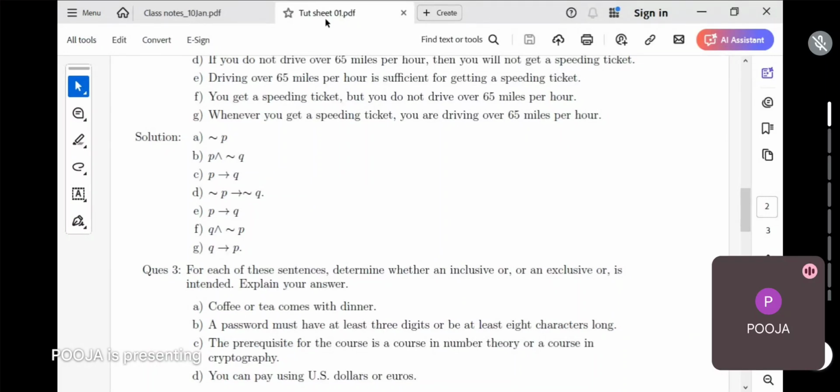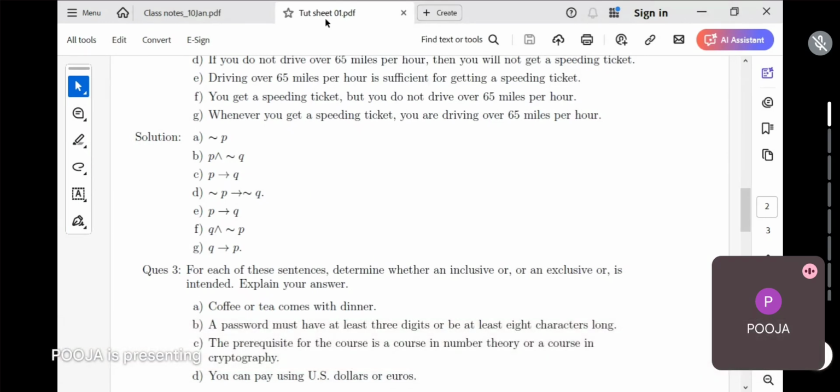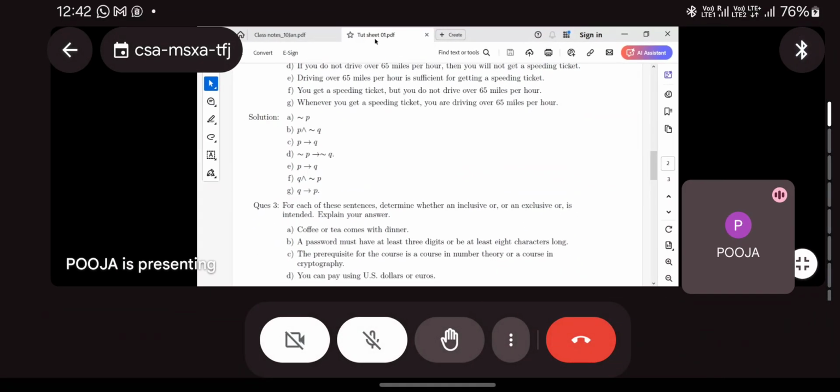Okay. Question number 3. For each of these sentences, determine whether an inclusive or an exclusive or is intended. Explain your answer. Coffee और tea comes with dinner. Inclusive और exclusive और कौन सा होएगा ये?